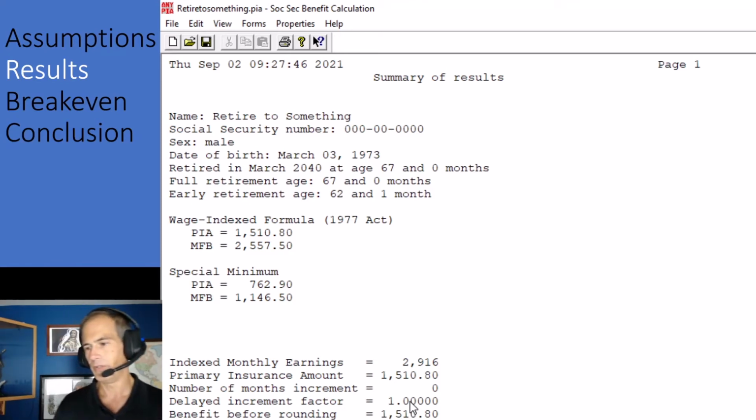If we were to retire at 62, this number would be 0.7. So we would get 70% of this amount. And at age 70, this is a 1.24, which obviously would increase our retirement benefit.